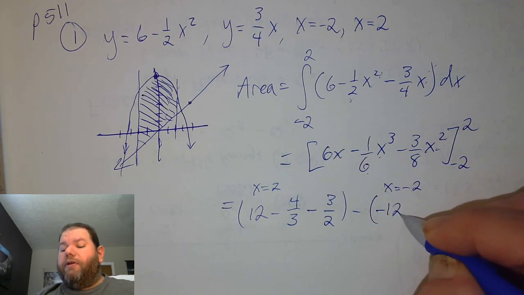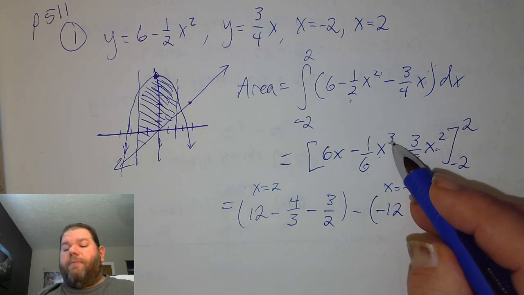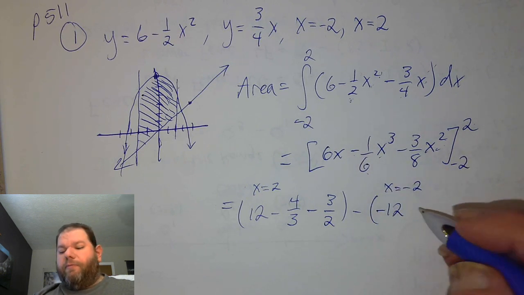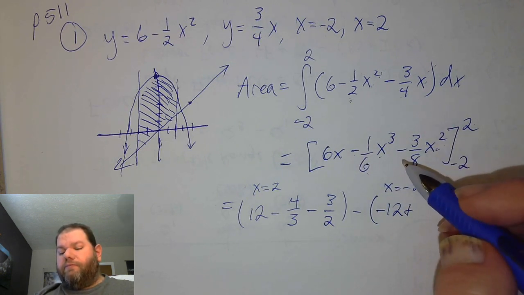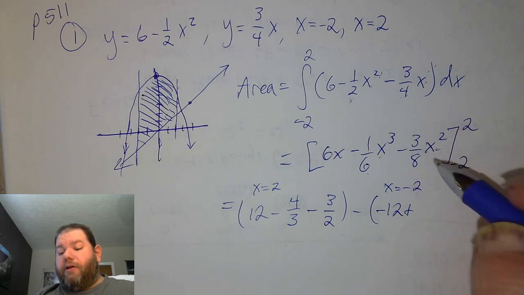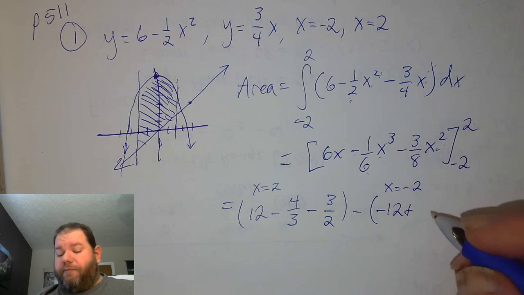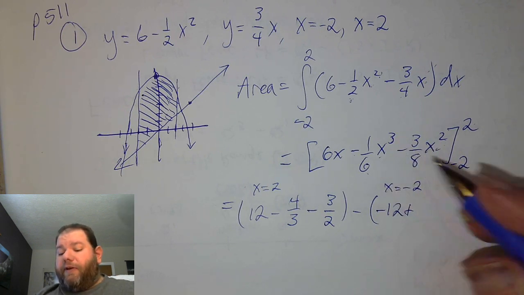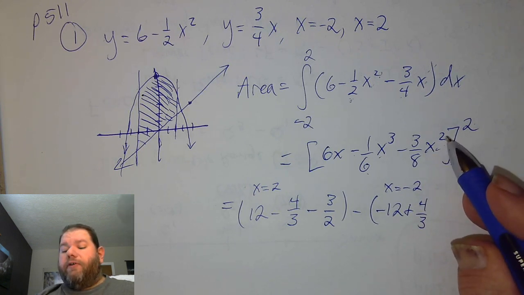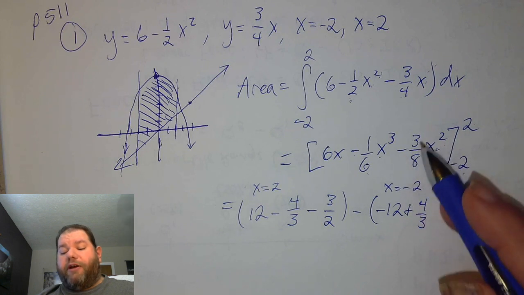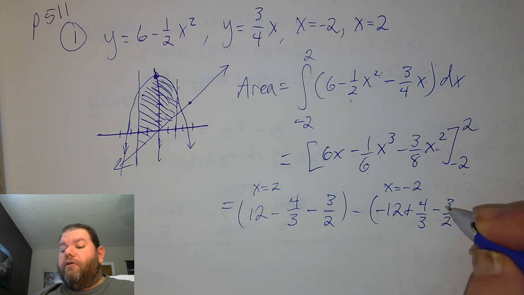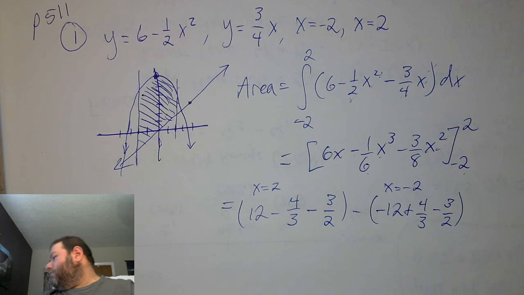We plug that in. A negative that is being cubed is still negative, times this negative would make a positive, and this will be, what will that be? It's 4/3 again, right? Yeah. 8 over 6, 4/3. And then -2 squared is actually still a positive, but then still subtracted, so minus. And that'll be 3/2 once again. Okay.